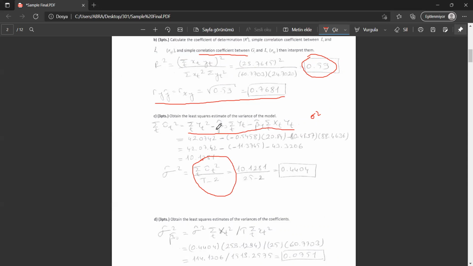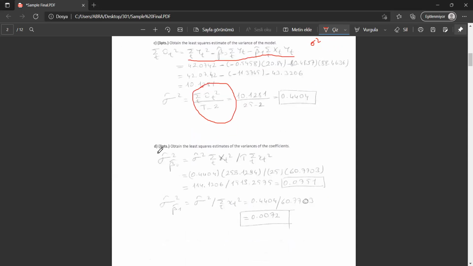Again, we are putting the values instead of the y's and xt's in the formula, and we're finding the summation of ut hat squared here. By dividing it by T minus 2, we are finding this sigma squared, the variance of the model.